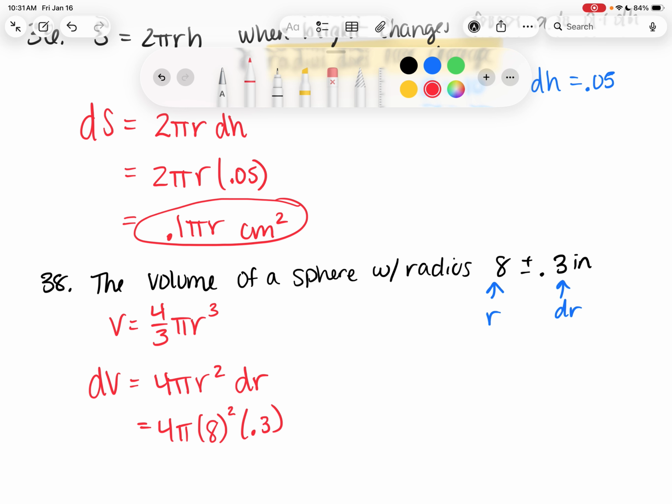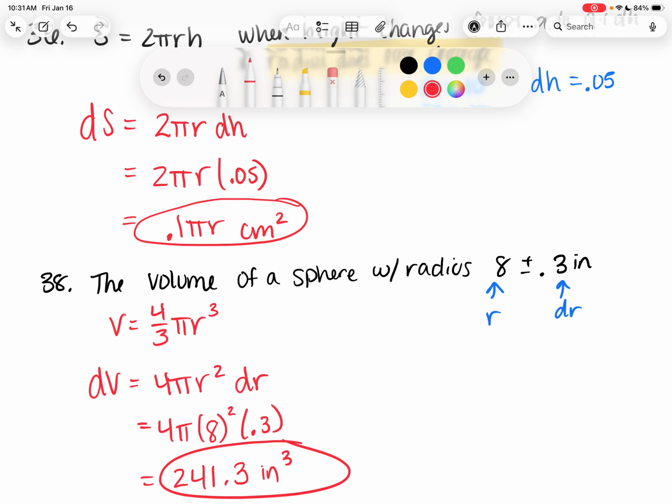On these ones, they do multiply the pi through, but I wouldn't care if you leave it as pi or you multiply it through. I'm good with whatever. So when I do that, I get 241.3, because he said to 1 decimal place, and that is in inches, so inches cubed.